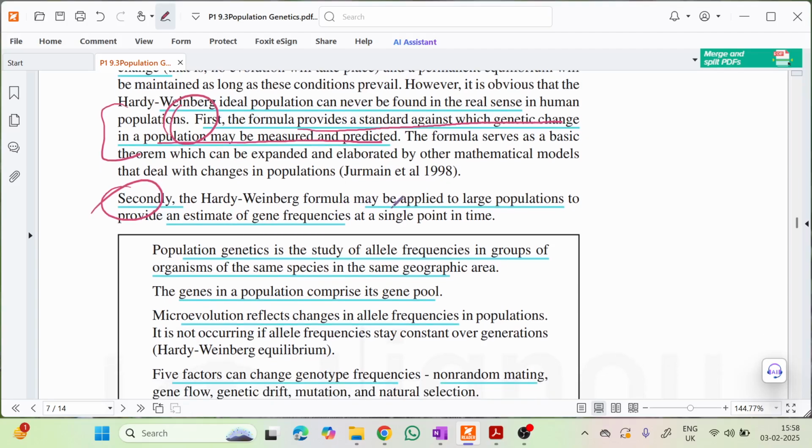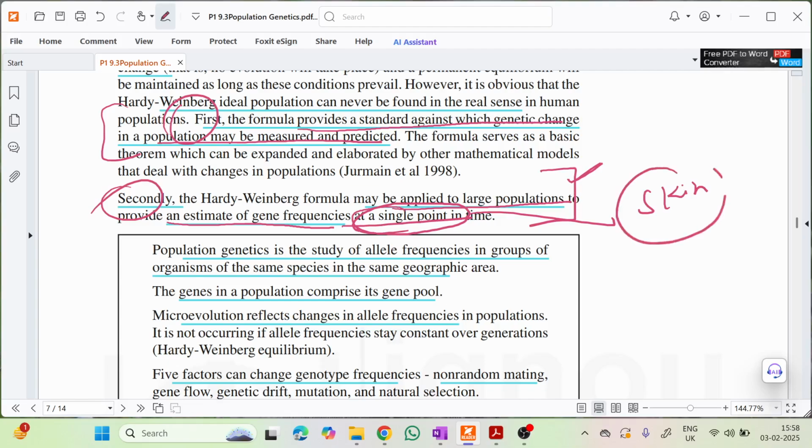The second application may be applied to a large population to provide an estimate of gene frequency at a single point in time. Yes, the second application is also a good one, because in large populations, where there are variations and diversity in various factors, we can measure the gene frequency of a single locus, be it skin, especially of those traits that are controlled by a single gene.